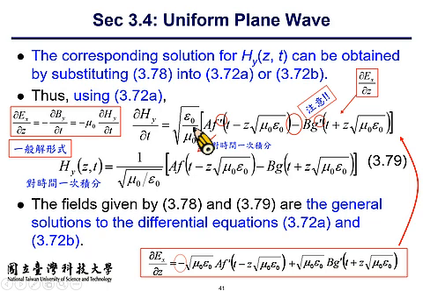Now, this is AF plus BG, but the general solution for Hy is AF minus BG. And it also comes with this part, square root of mu over epsilon. Okay, and you should verify this relationship on this slide. So be sure to do this at home.